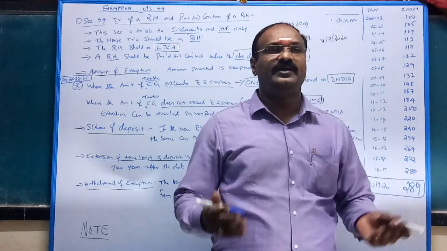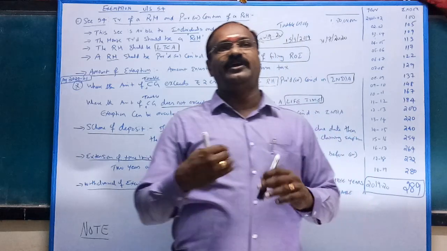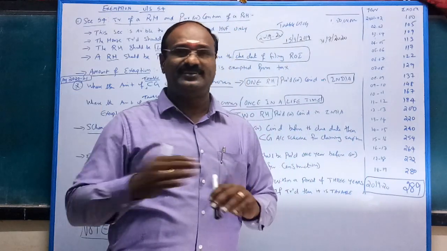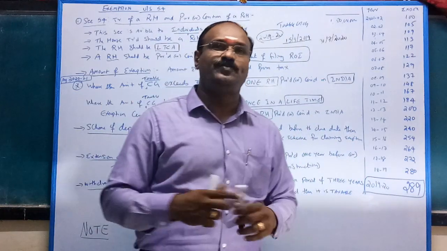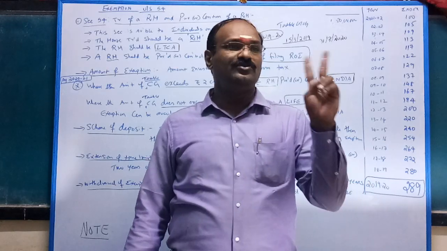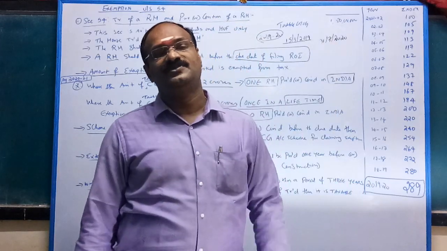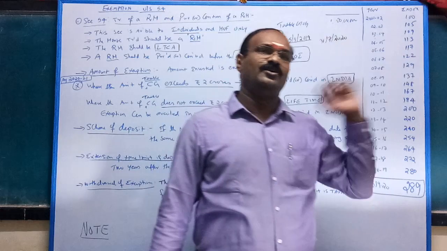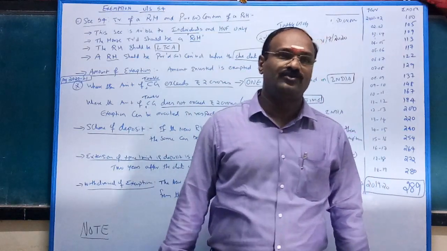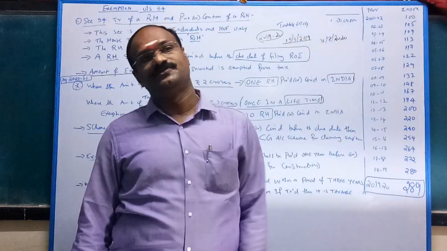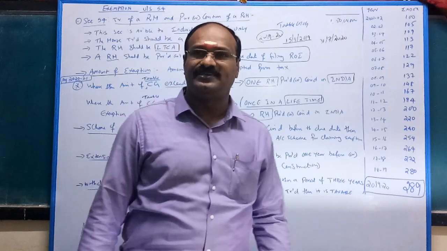Where the taxable long-term capital gain does not exceed 2 crores, you have a choice to purchase 2 residential houses. Suppose your long-term capital gain exceeds 2 crores, sorry to say, you can purchase only 1 residential house. The main logic is very simple, sir.